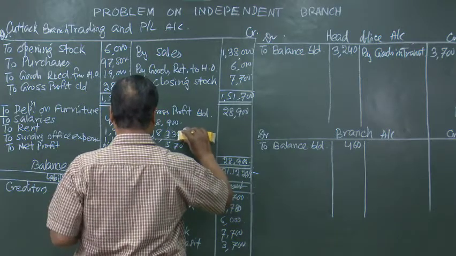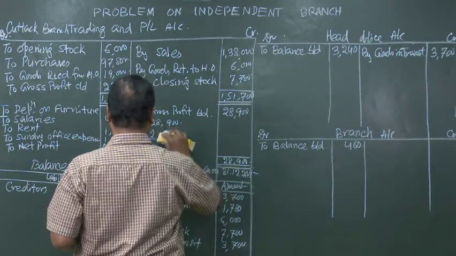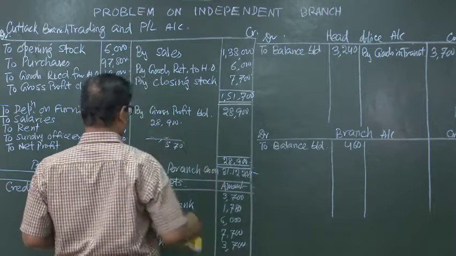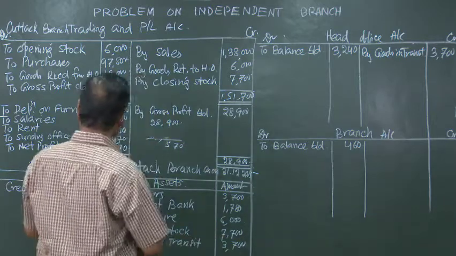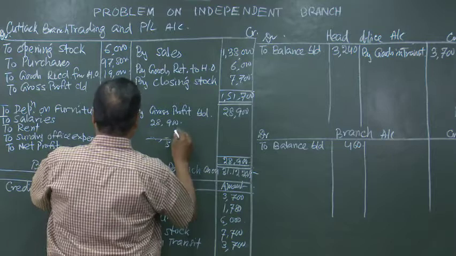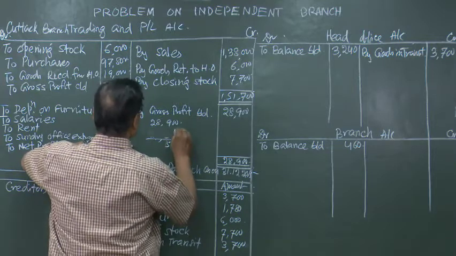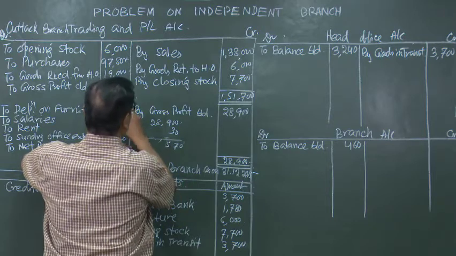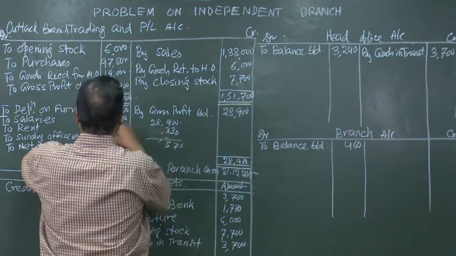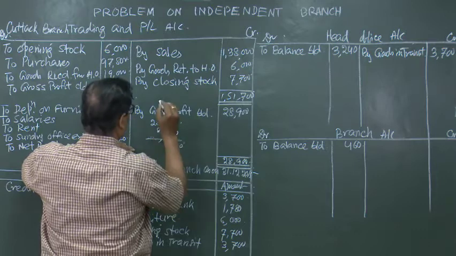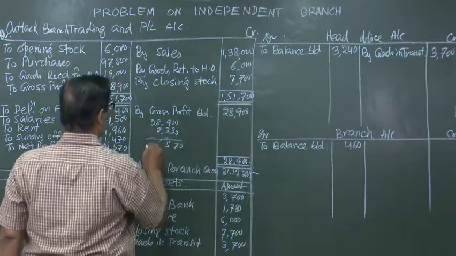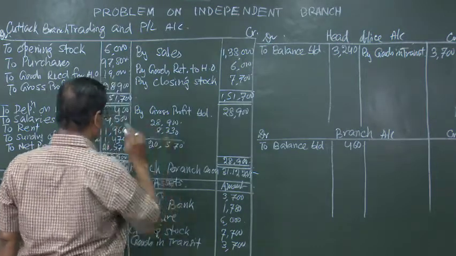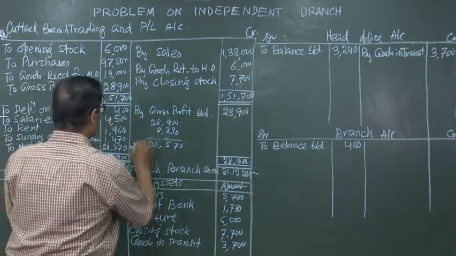We are deducting 20,000. This total is up to this we will do. So, it will be 20,570. Here we have written 20,570.